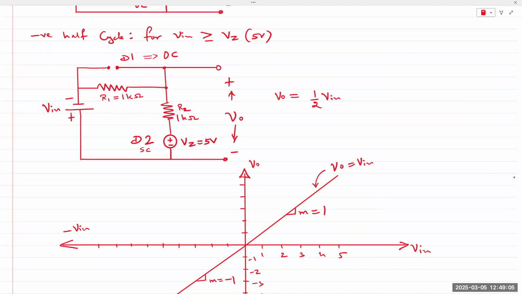So wait, let me redraw the circuit. It will turn out to be like this. So minus plus, this is V in. This is VZ in series with R1, R2, and I'm taking my V out across R2.